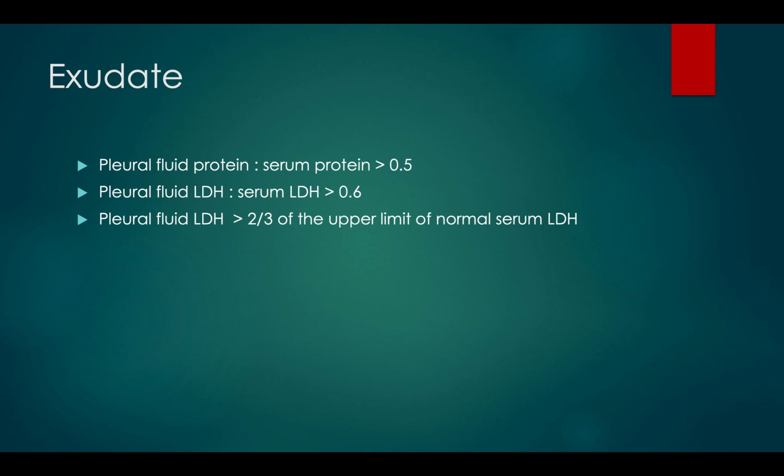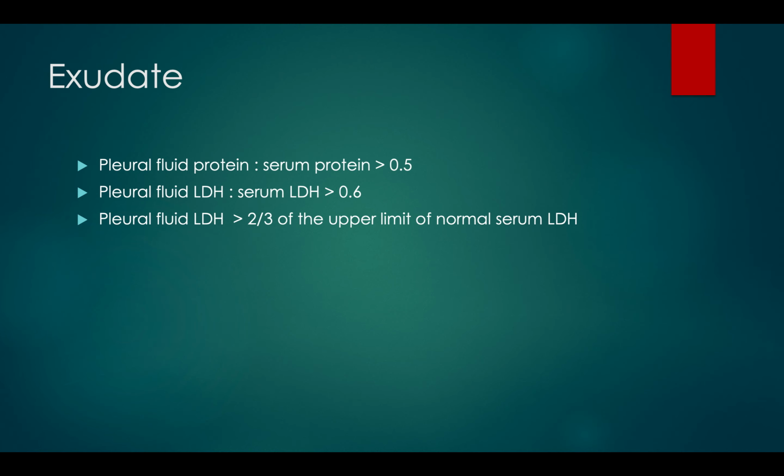These are the criteria for the pleural fluid to be called an exudate. A pleural fluid protein to serum protein ratio of more than 0.5, pleural fluid LDH to serum LDH ratio of more than 0.6, or a pleural fluid LDH level of more than two-thirds of the upper limit of the normal value for serum LDH.